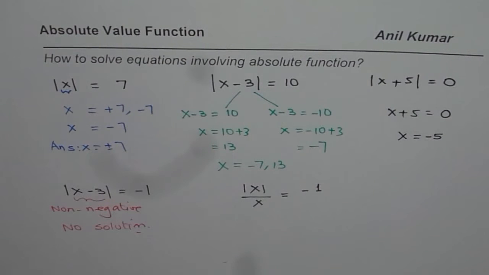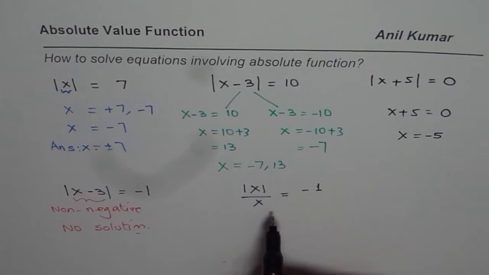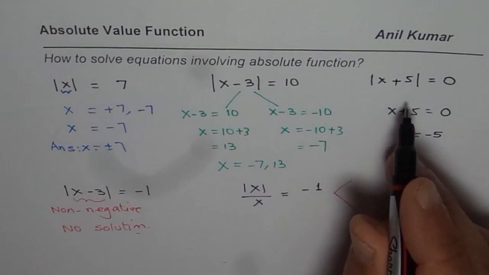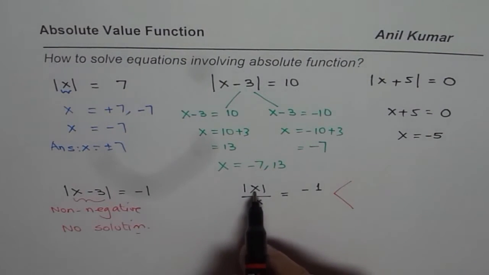Now in this particular case, we want minus 1 as our result when we divide absolute x by x. How do we solve this one? Well, to solve this equation, we could think like we were thinking earlier, that absolute x could be positive or negative.